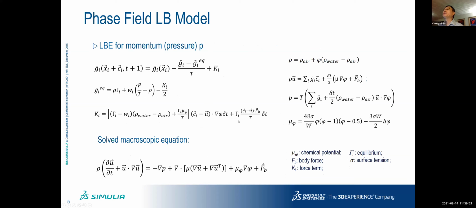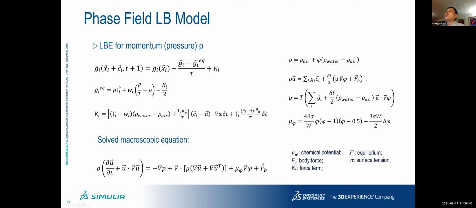The next equation is the lattice Boltzmann equation for momentum and pressure. G is the distribution function, and K is an additional force term.